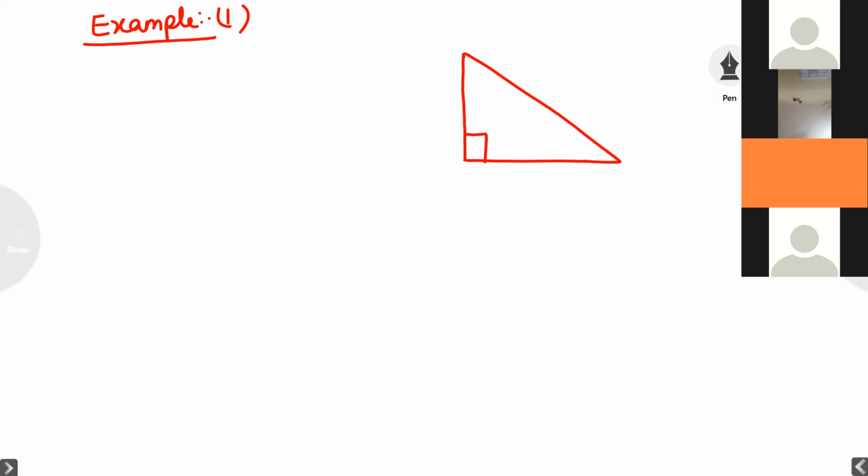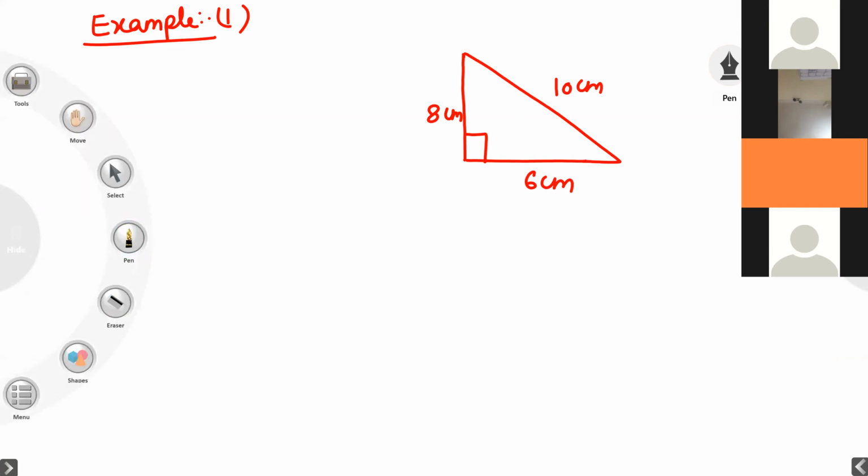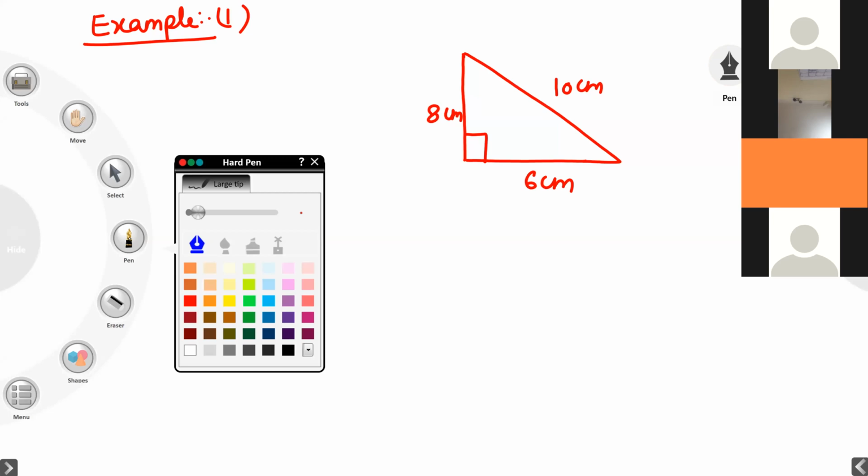If this length I am assuming 6 centimeter, and this length is 8 centimeter, then with the help of Pythagoras theorem, this length will be 8 square plus 6 square, 64 plus 36, 100, means 10 centimeter. The question has given a right triangle with sides 6 centimeter, 8 centimeter and 10 centimeter is revolved about the 8 centimeter.